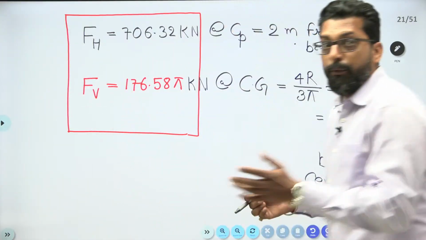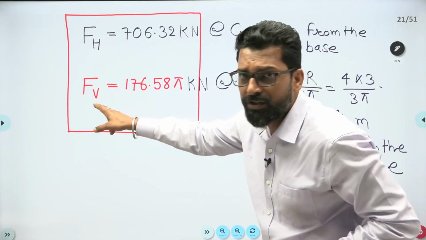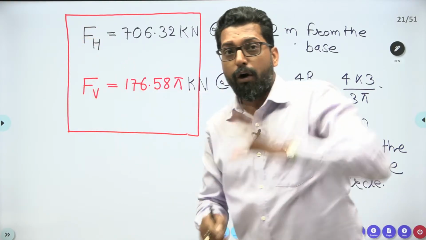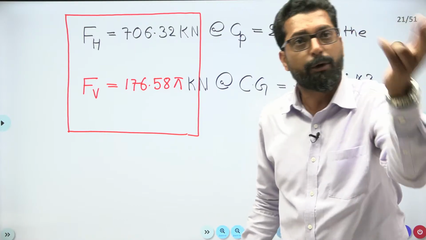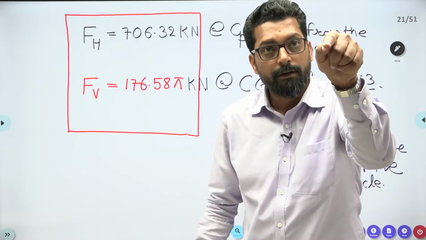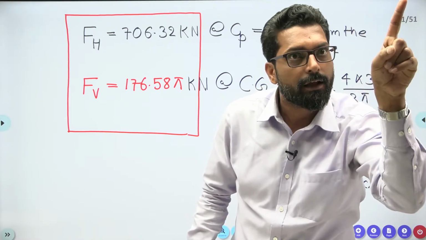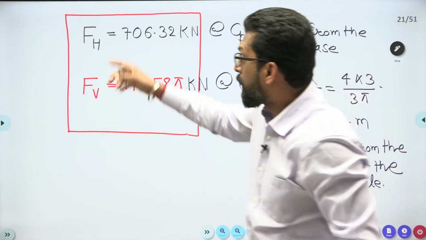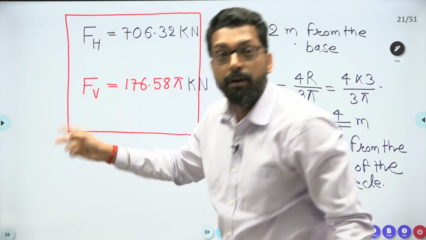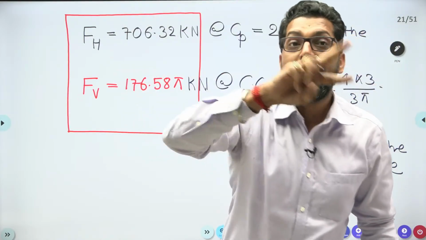Now we calculate the net hydrostatic force. See beta, what is the location of this and this force? So this is due to hydrostatic force, and the question also asks for the reaction at A and B. B is the hinge, and what is the support reaction at A? So indirectly you have to calculate the net horizontal hydrostatic force, the net vertical force, the reaction at the contact point A, and the one at the hinge.